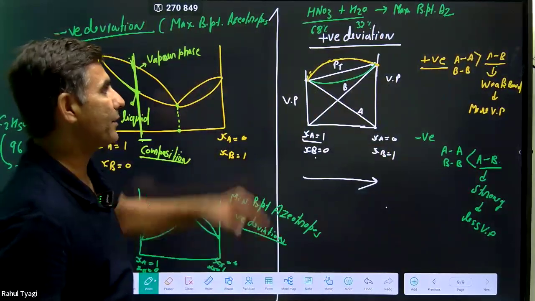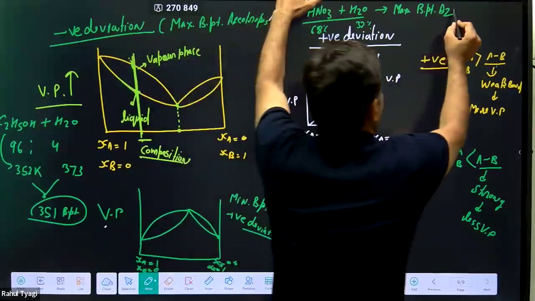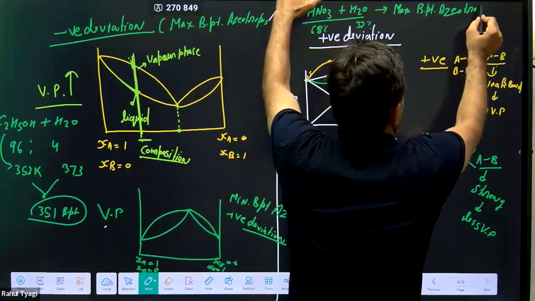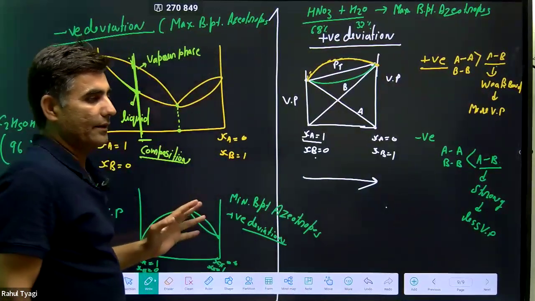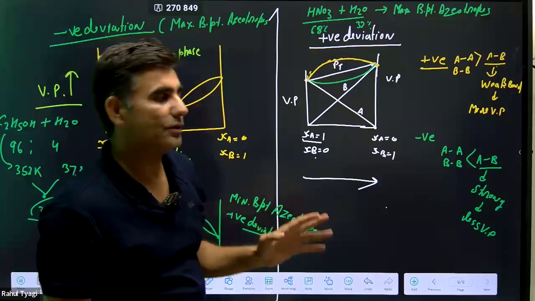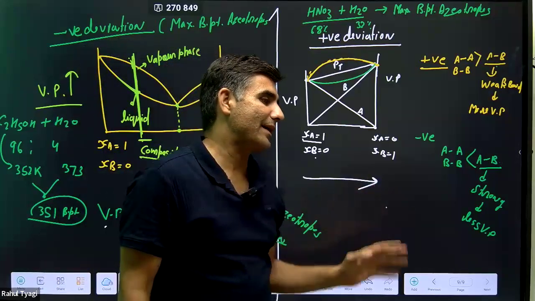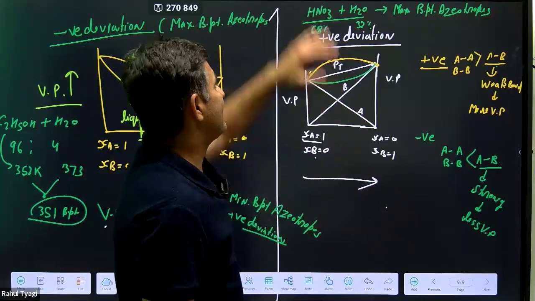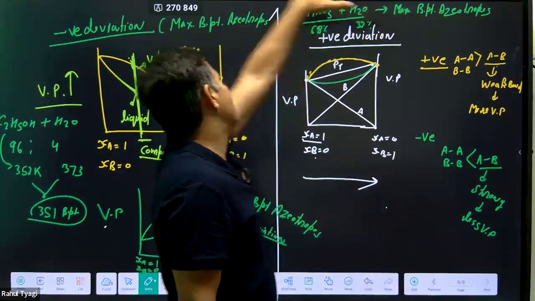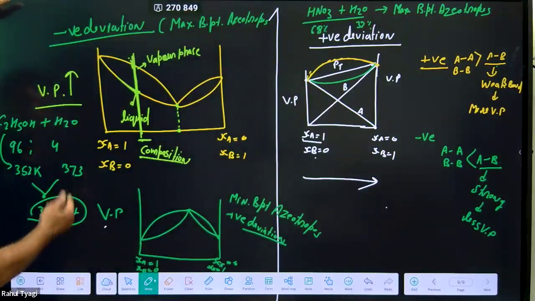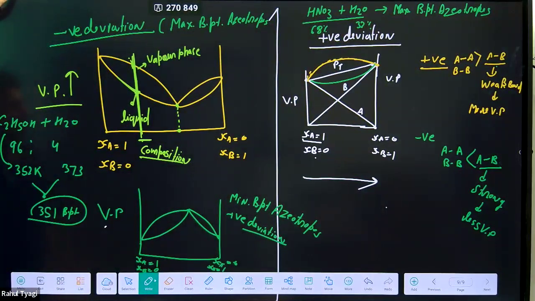It's a maximum boiling point azeotrope, and the other is a minimum boiling point azeotrope. And you have to remember this one, bachcho, because it's mentioned in your NCERT. This pair is maximum boiling point azeotrope. This pair is minimum boiling point azeotrope.